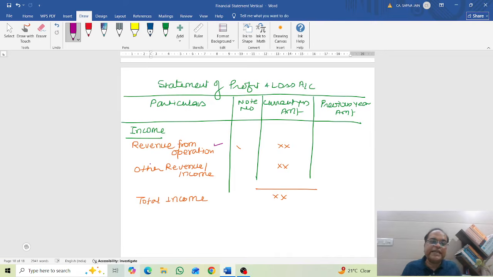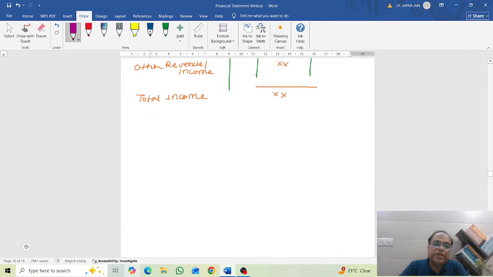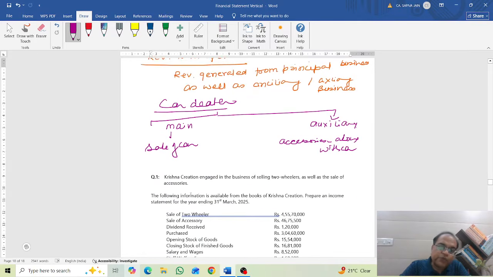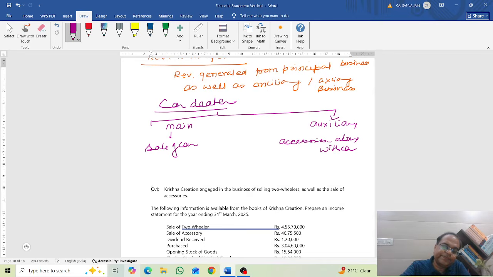Now the second is other revenue or other income. Other revenue or other income includes the income or revenue other than revenue from operation. Clear?